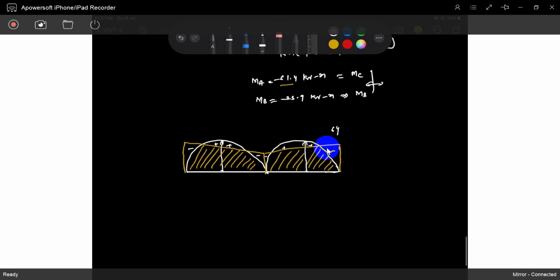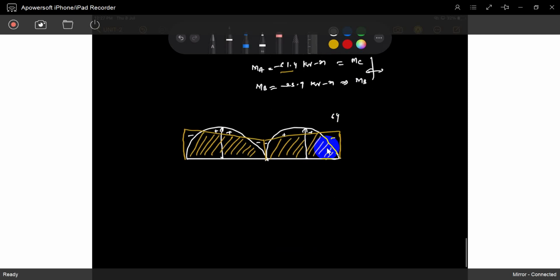Otherwise, if you try to draw the bending moment diagram with respect to the sections, how will it look? These three are okay. How will the shape be? A very small upper portion.